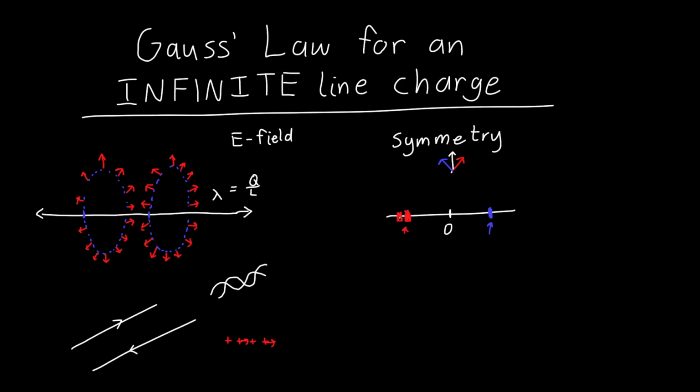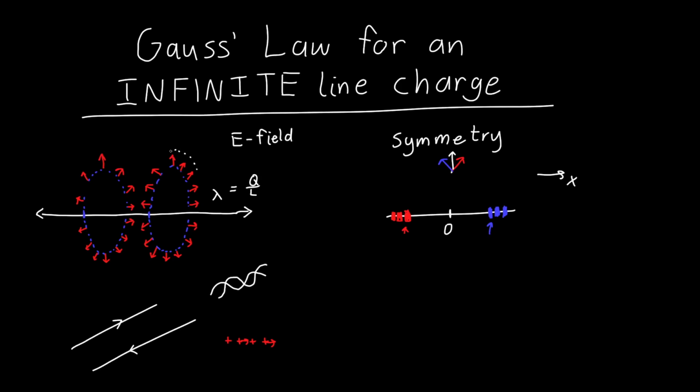So we've got another piece here, another piece here, another piece here. If we keep doing that, we'll see that the x component, if we call this the x direction, will always cancel, and the component pointing away from the line charge will point straight away. And this isn't just true in one dimension, this is true everywhere around the line charge.